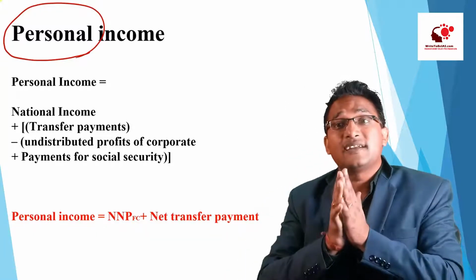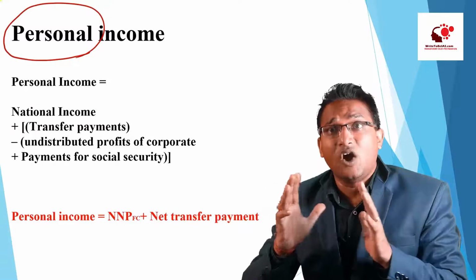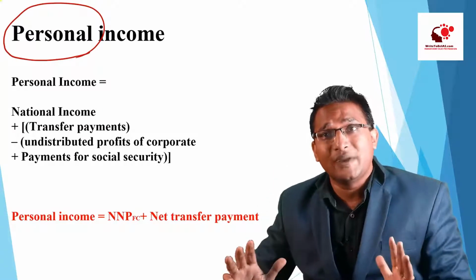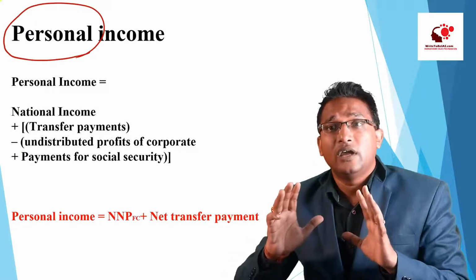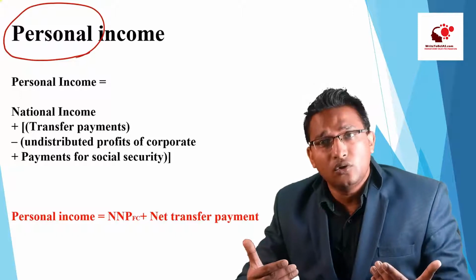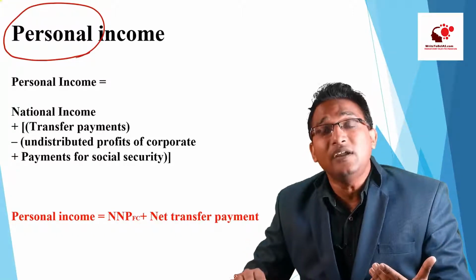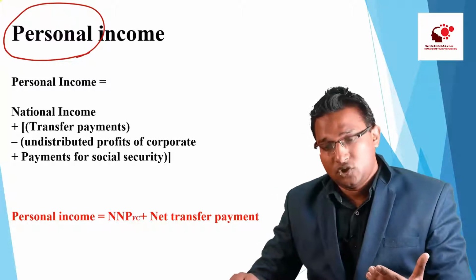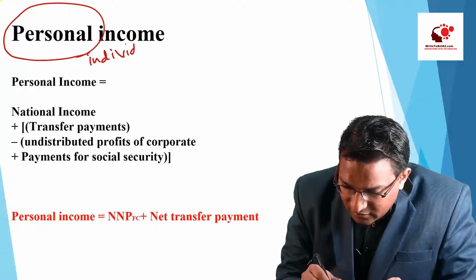So disposable income is at the macro level, and in that we are just seeing how much income can be disposed of by the economy as a whole, right? However, inside the disposable income also, there are some incomes which cannot be received by the individuals. So this personal income is at the individual level, right?